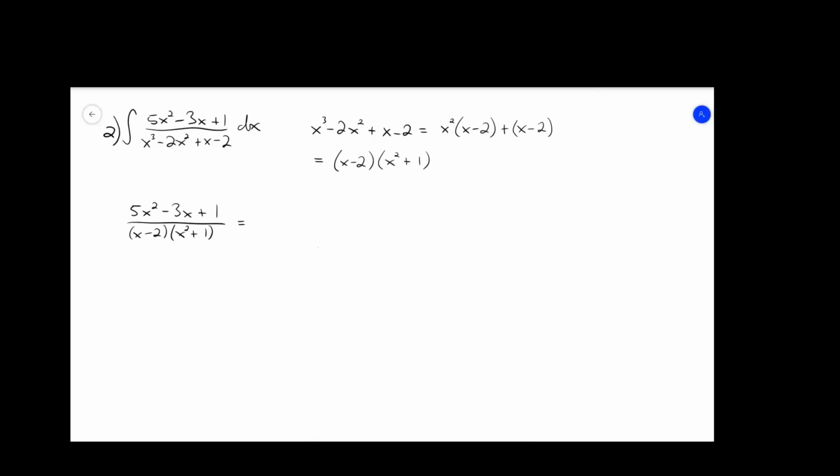Okay, then for that, one of those factors in the denominator is an irreducible quadratic factor. And if you check on step 4 there, what do you do when you have quadratic factors in the denominator? Irreducible just means you can't factor it anymore in the real number system. x squared plus 1 certainly can't be factored in the real numbers. So what do we do? Well, if it's a linear factor, then it just gets a single letter over that linear factor, as we saw in that previous example.